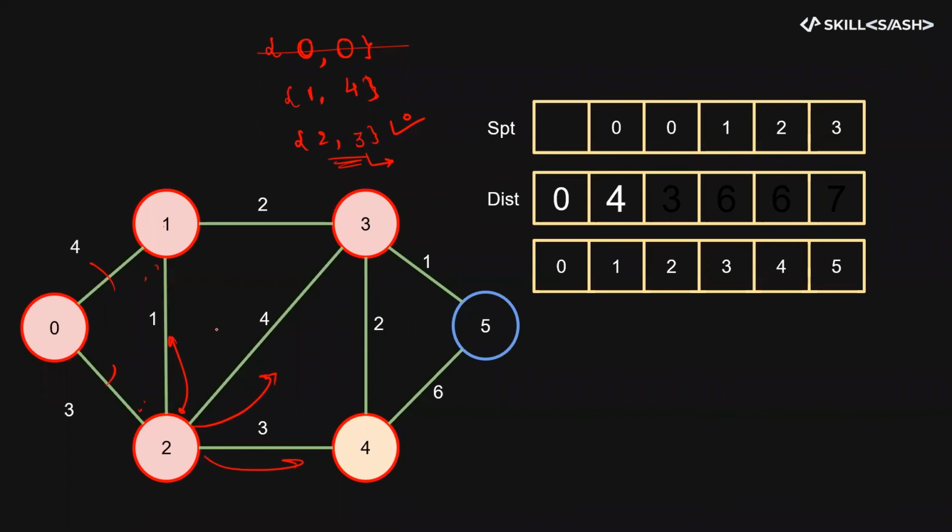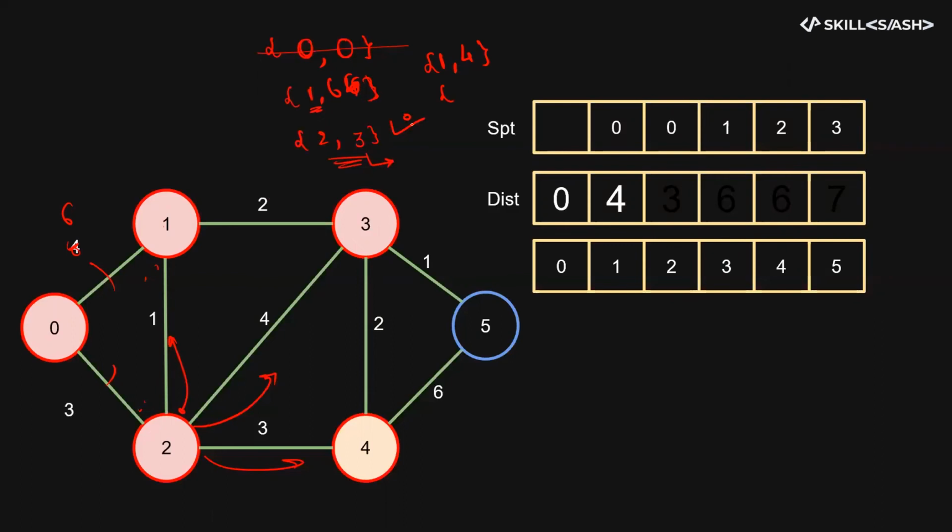Once I iterate all and update, if the same node is already present in the heap, let's say it would have been 6, then I'll update it. No, 1 is reachable via 4 units with some other node like myself, 2.